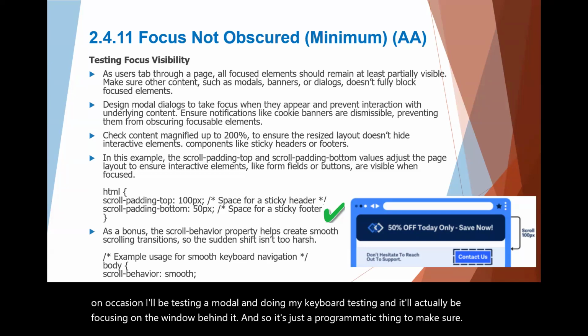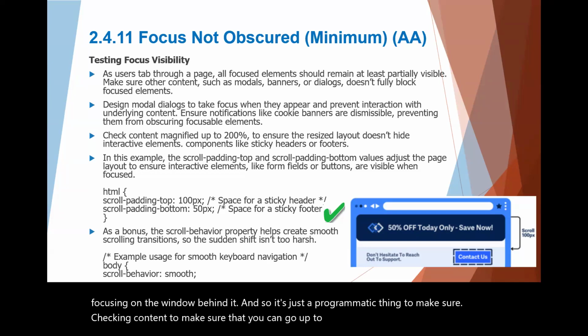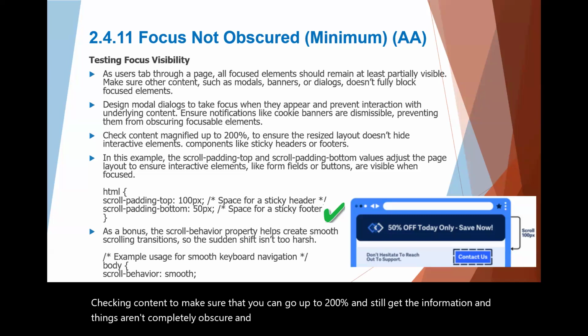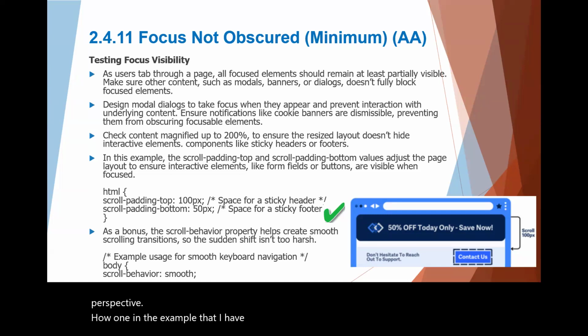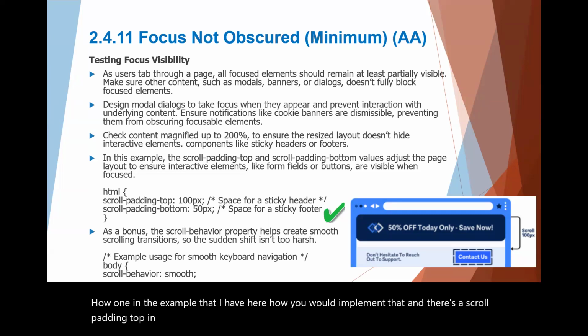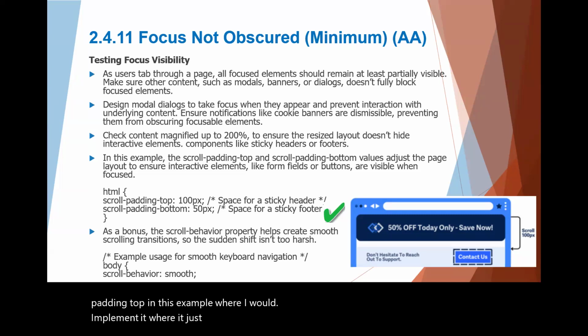Check content to make sure that you can go up to 200% and still get the information and things aren't completely obscured. And then I have some examples here from a CSS perspective of how you would implement that. There's a scroll padding top in this example, where you implement it so it nicely pushes the content down so it always stays in view.